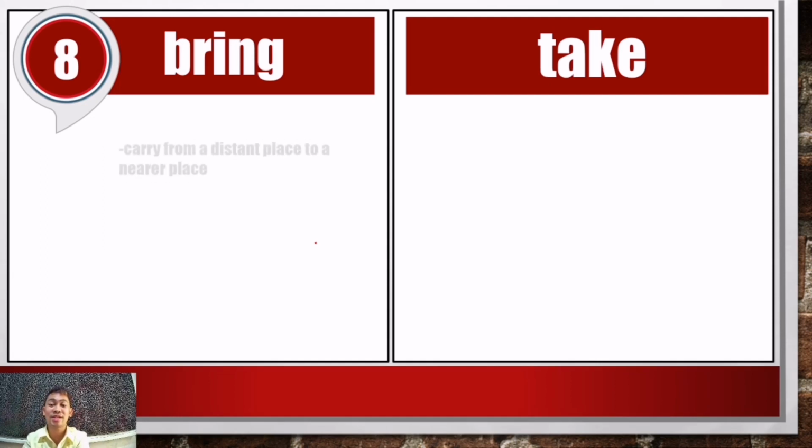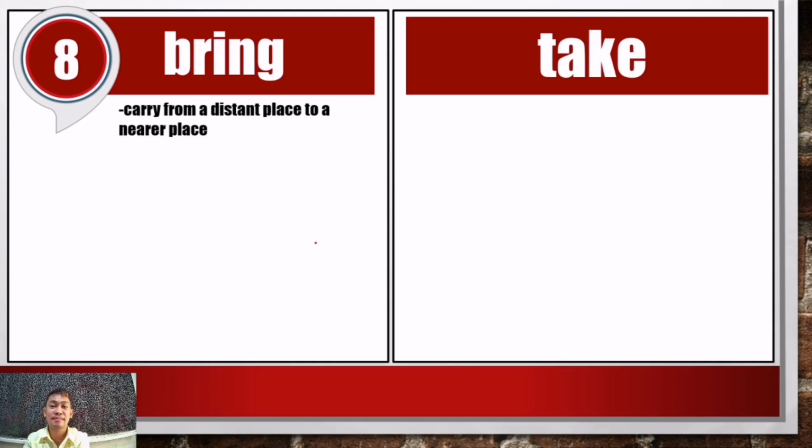Now, let's differentiate these two. When we talk about bring, it means you carry something from a distant place to a near place. So, malayo to malapit. That's actually what we mean by bring. We'll be able to decipher when to use the word bring by this acronym, BFN.